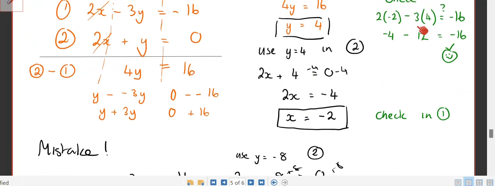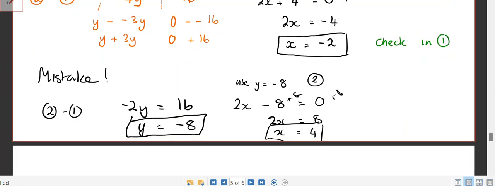So 2 times x minus 3 times y. So 2x minus 3y should equal negative 16. So let's put this in. So that's 2 times 4 minus 3 times negative 8. I made a mistake, but you know what I mean.